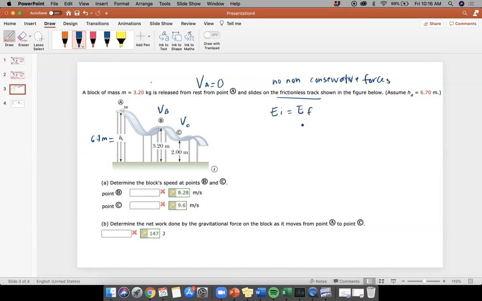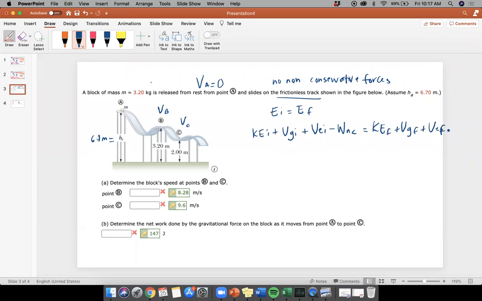Using this conservation of energy equation, we have a bunch of terms: KE initial, UG initial, UE initial, minus WNC equals KE final plus UG final plus UE final.